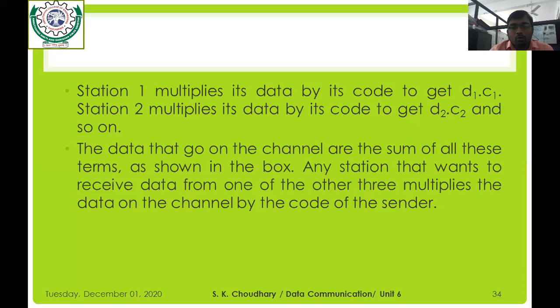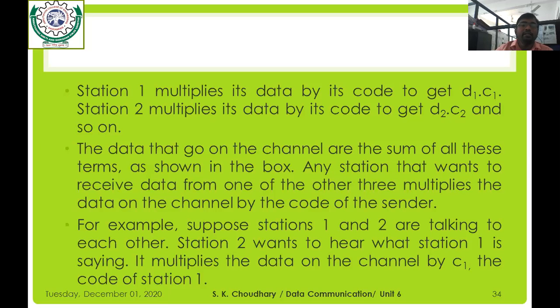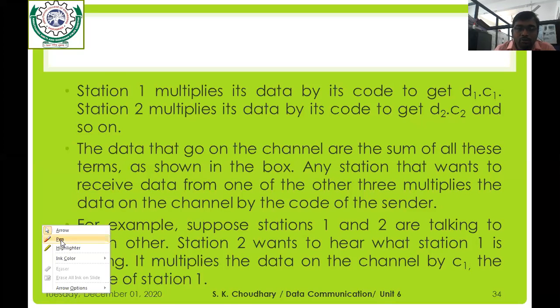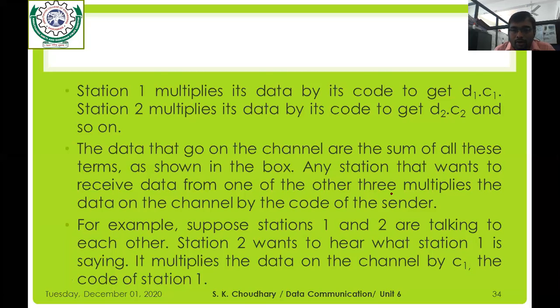So the data that goes on the channel is the sum of all these terms. Any station that wants to receive data from one of the other three multiplies the data on the channel by the code of the sender.